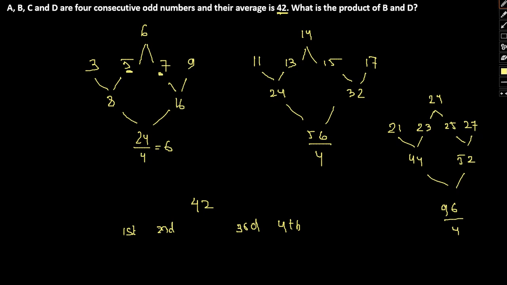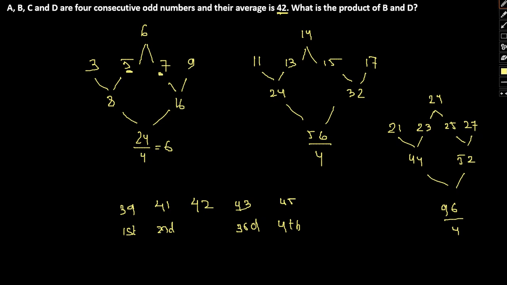So 42, the immediate odd number before 42 being 41, the immediate odd number after 42 being 43. So this will be 39, and this will be 45.